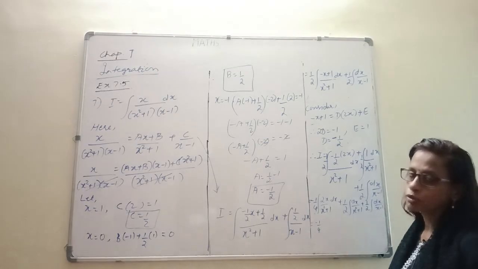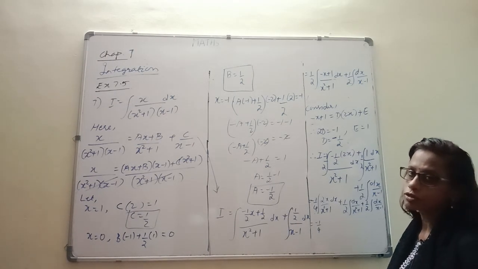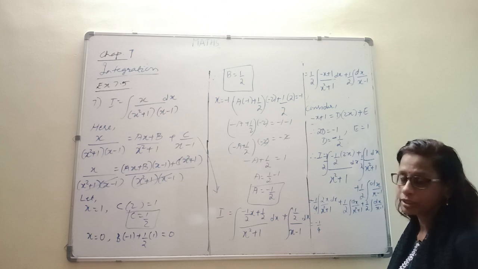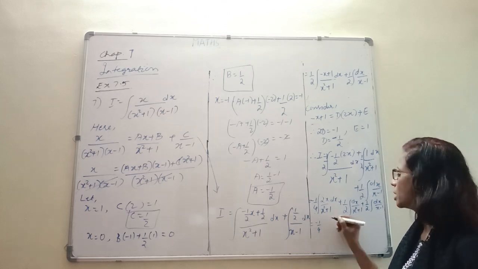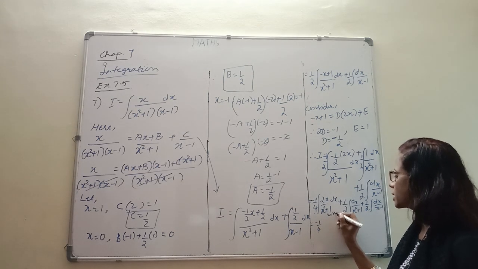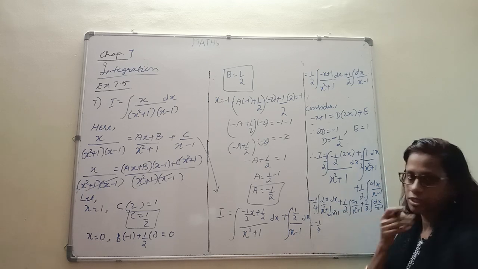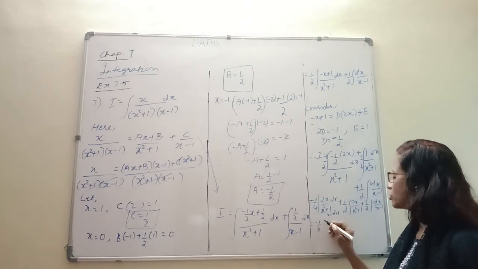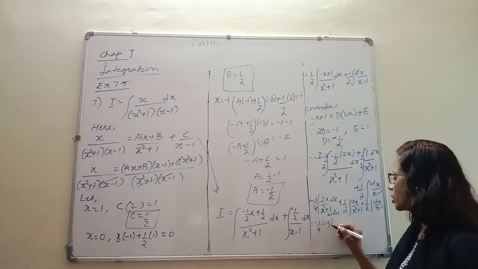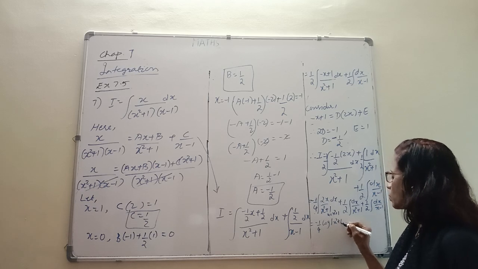Whenever you have the numerator as a derivative of the denominator, then your integral is always log of the denominator. If you don't get convinced about it, you can call u as x squared plus 1 and proceed. You'll be able to get it. So therefore, this is log modulus x squared plus 1.